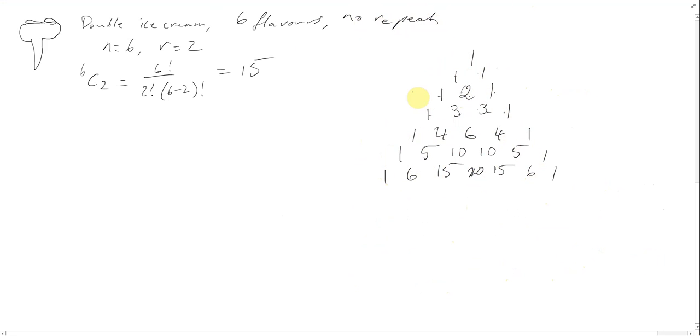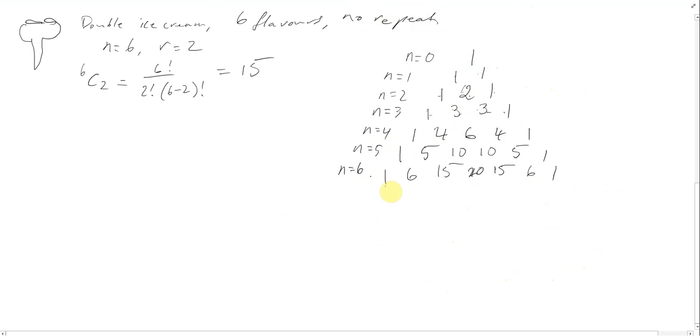So here's an interesting thing, which is that Pascal's triangle actually gives you combinations as well. So here's our n equals 0 line, our n equals 1, number of objects equals 2 line, number of objects equals 3, equals 4, equals 5, equals 6. Okay, interesting.